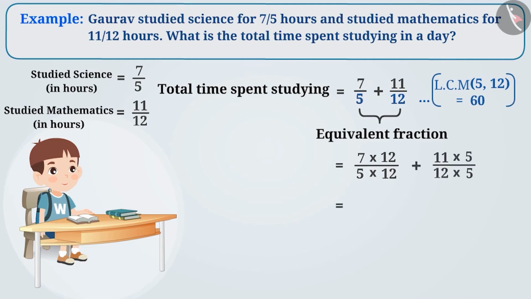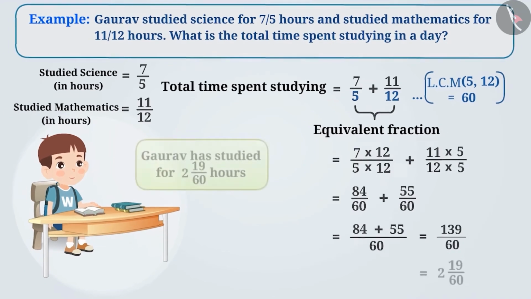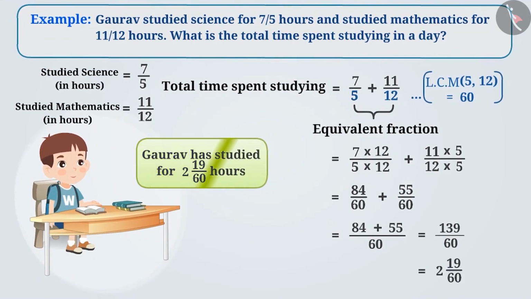Now we get the equivalent fraction of 7/5 as 84/60 and 11/12 as 55/60. Since the denominators are equal, we add the numerator 84 with the numerator 55 and keep the denominator as it is. Therefore, the resultant fraction is 139/60. That means Gaurav has studied for 2 and 19/60 hours.